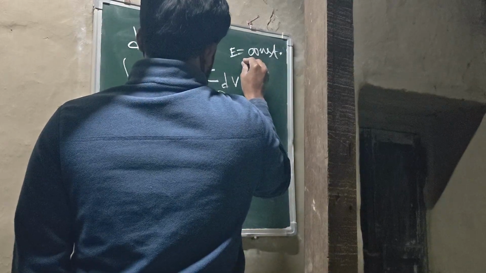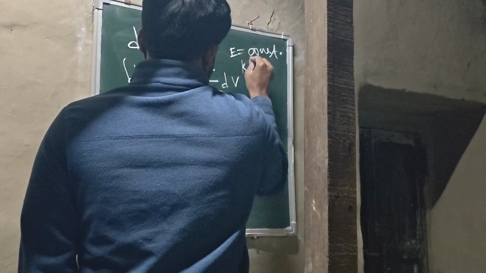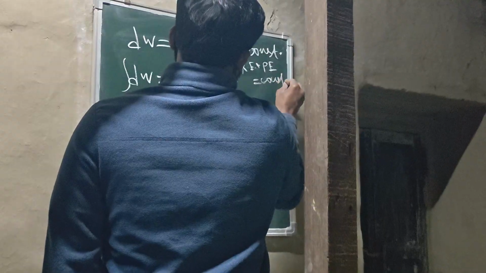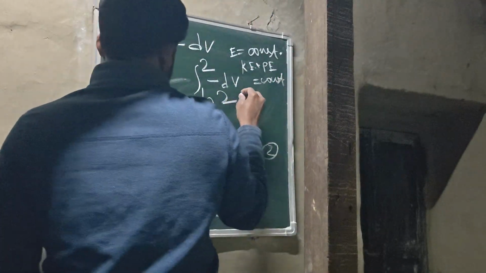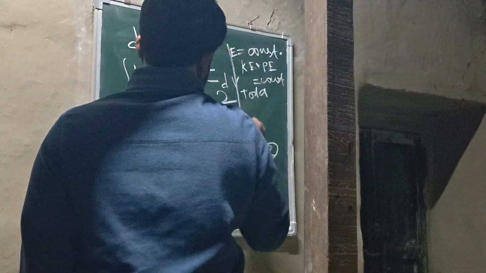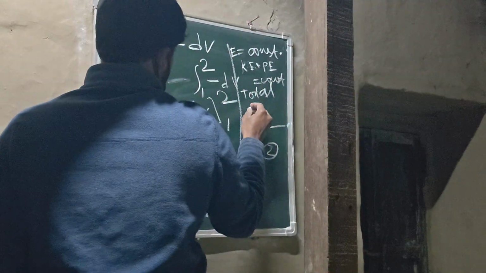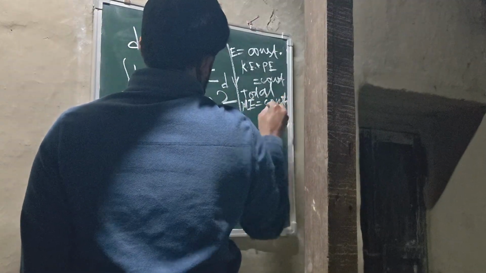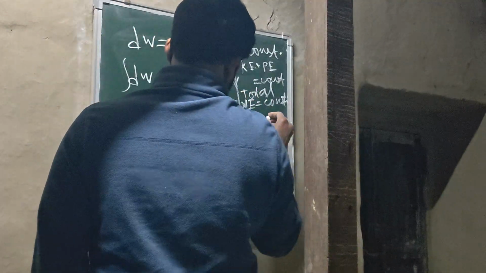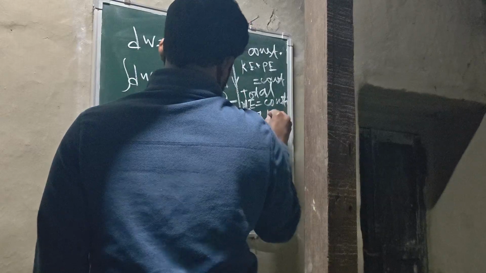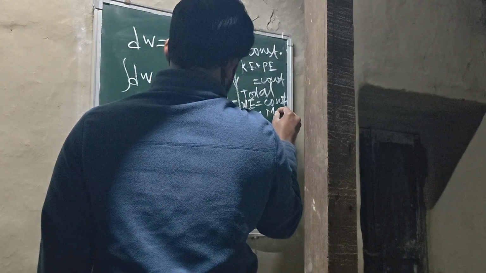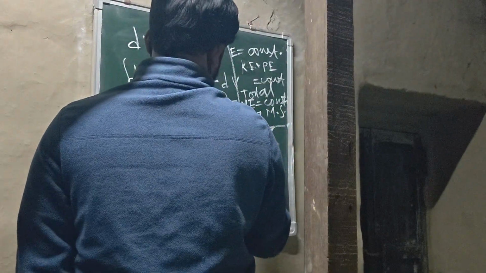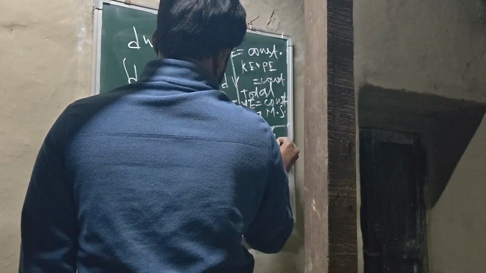Or kinetic energy plus potential energy is constant. KE plus potential energy equals constant, or total mechanical energy equals constant of a mechanical system. This is all. This is called conservation of energy.